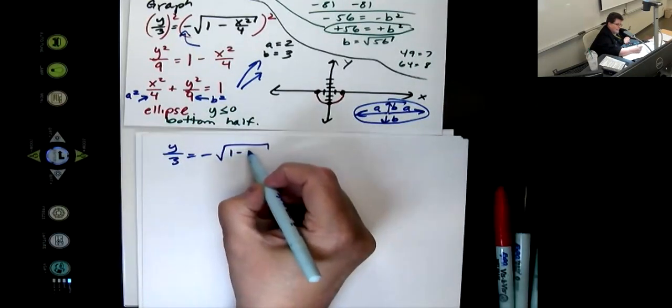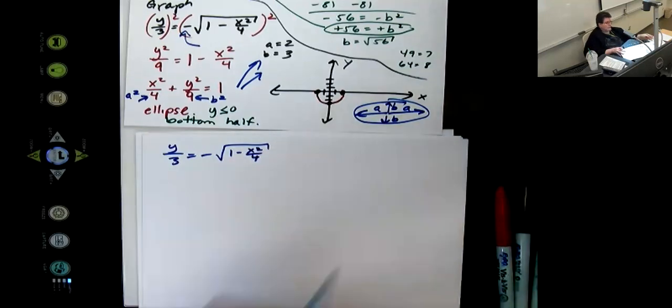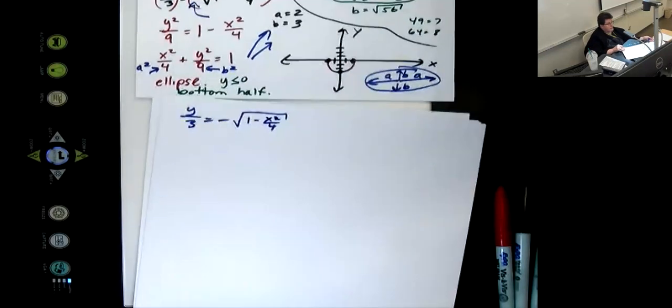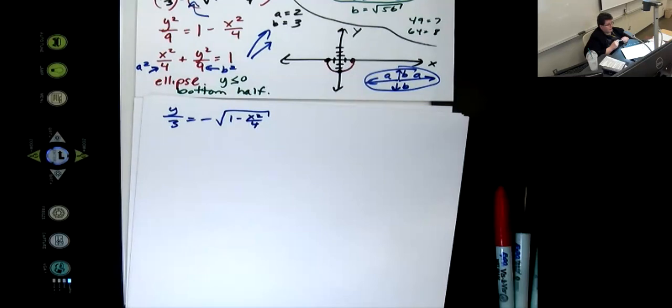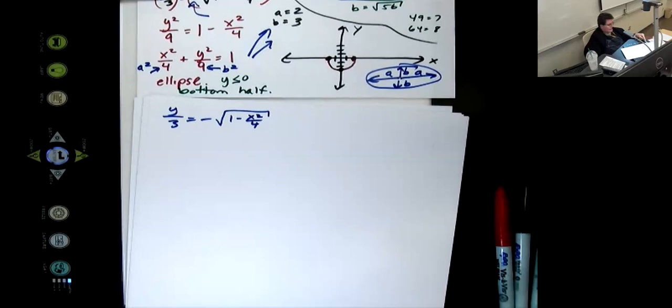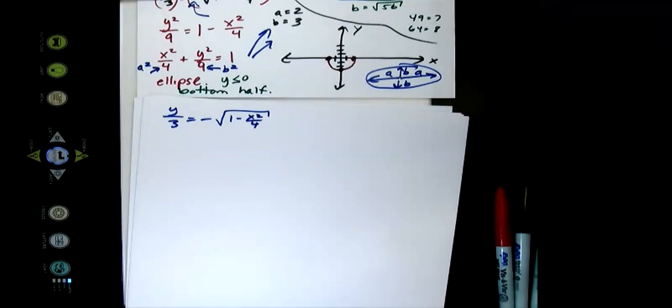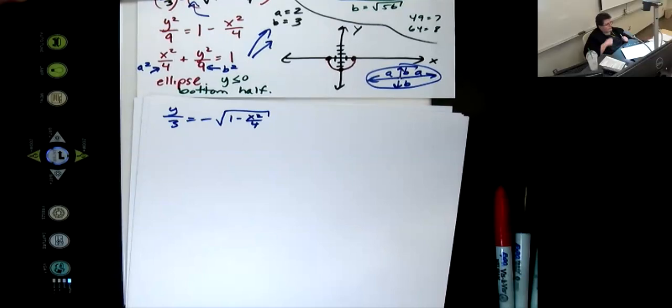So y has to be negative, which means it's below the x-axis. If it was positive, it'd just be the top half. If we wanted the full thing, we wouldn't ever have a square root in it at all. It's the fact that we started off with a square root that makes it only half of it.